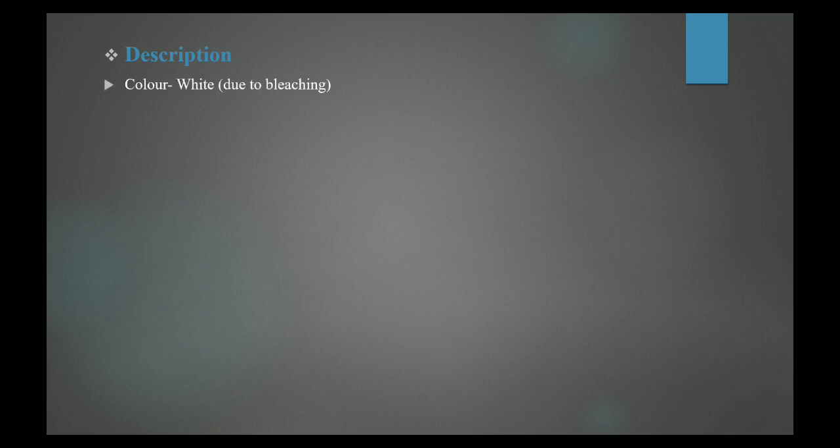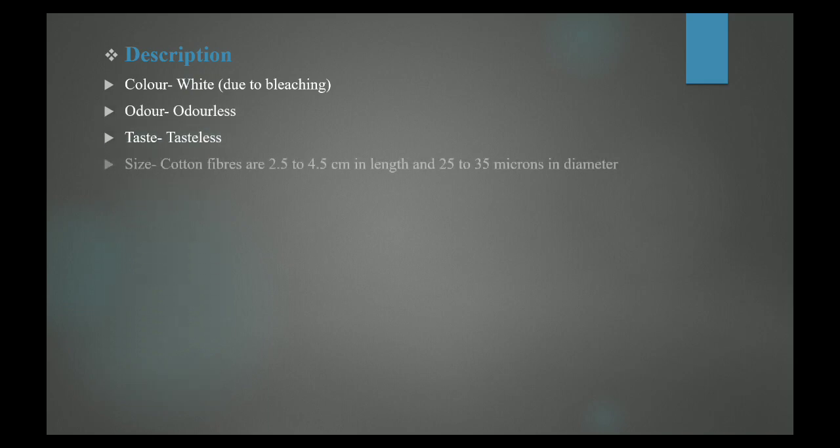Description. Color is white due to bleaching. Odor is odorless. Taste is tasteless. Size: cotton fibers are 2.5 to 4.5 centimeter in length and 25 to 35 micron in diameter.